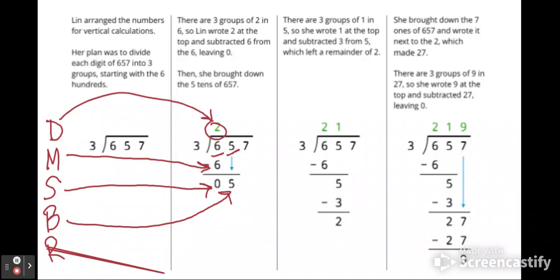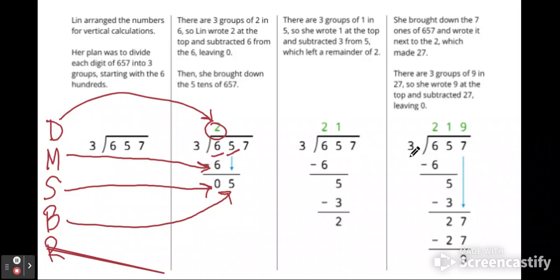We're going to now look at how many times 3 goes into 5. As she continues on over here, 3 goes into 5 one time. Start the process over. 1 times 3 is 3. Subtract, we get a 2. We're going to bring down this next place value, the 7.